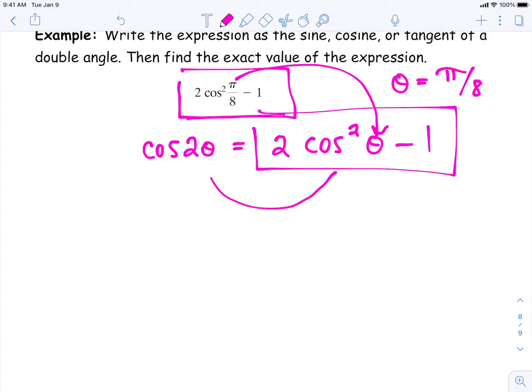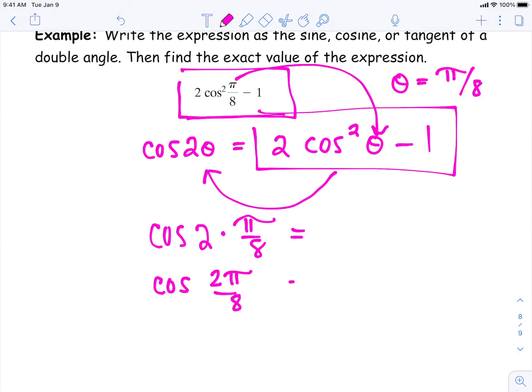And we're going to substitute into the left-hand side of the formula. So the cosine of 2 theta, pi over 8. Now we're going to simplify it. So we need to multiply across. So 2 times pi is 2 pi over 8. And then we can reduce that fraction down. We can divide both the numerator and denominator by 2, and we get pi over 4.